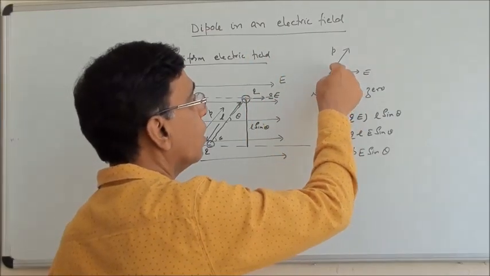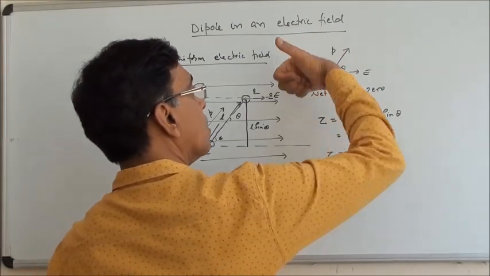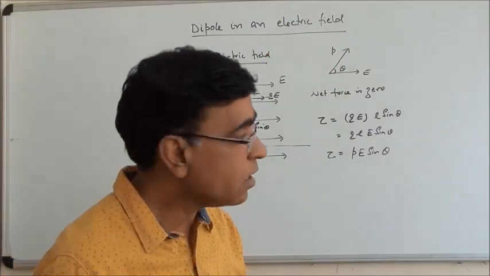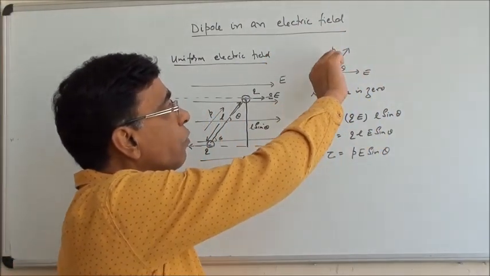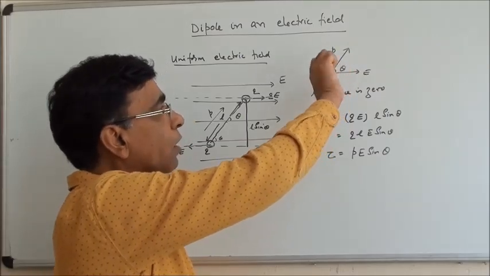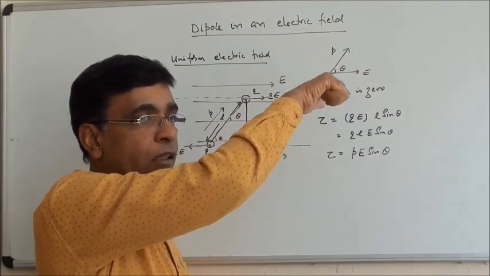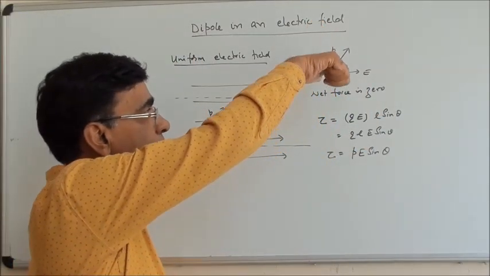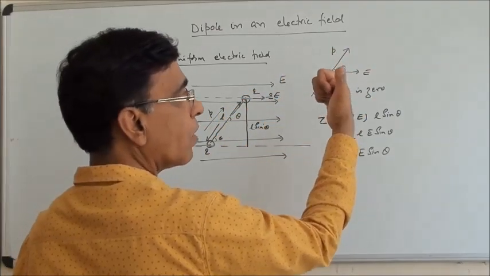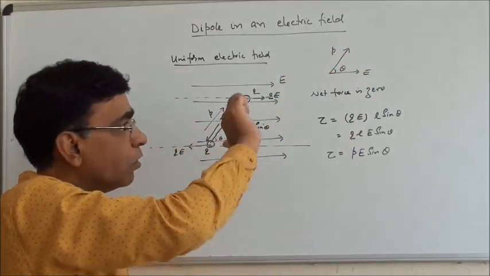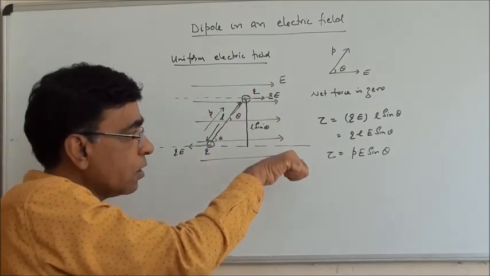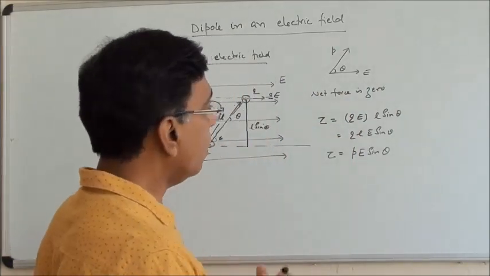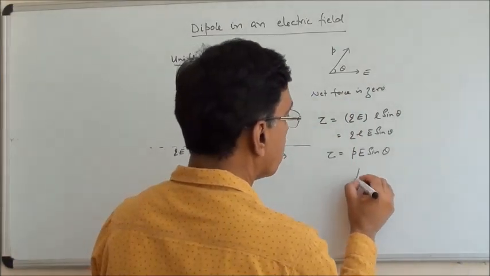P and E have two angles between them, one this and one this. This is the bigger angle, and this is the smaller angle. So this tells us the sense in which the rotation is actually taking place. P cross E is this, E cross P is this. This is coming like this, so the direction of torque is into the plane of the paper, perpendicular to P and E. So it is actually P cross E.